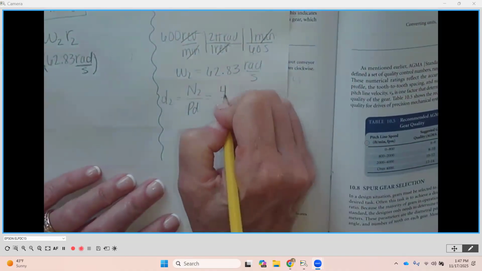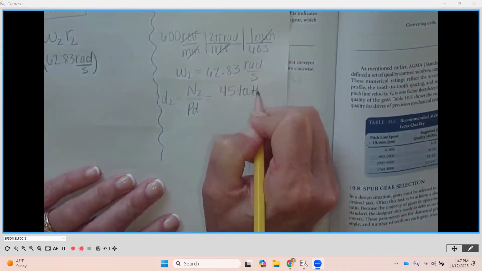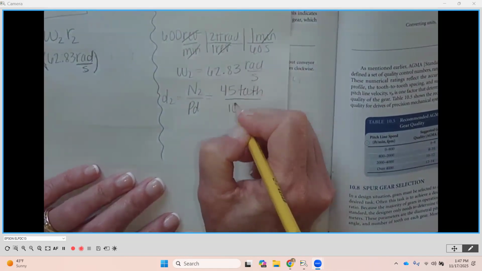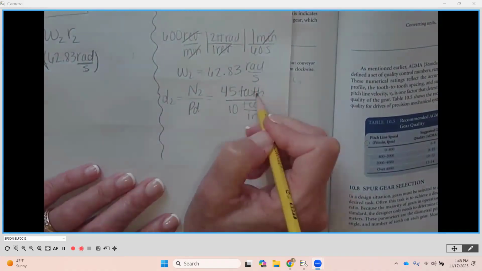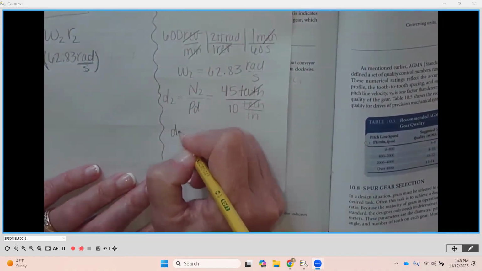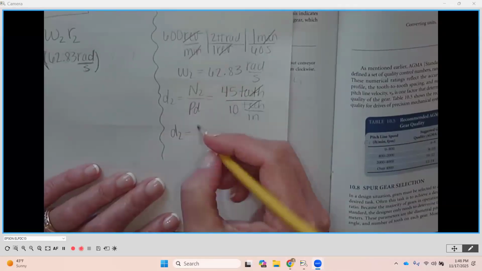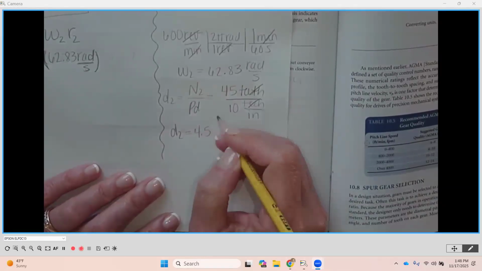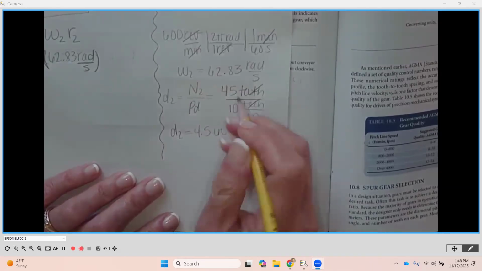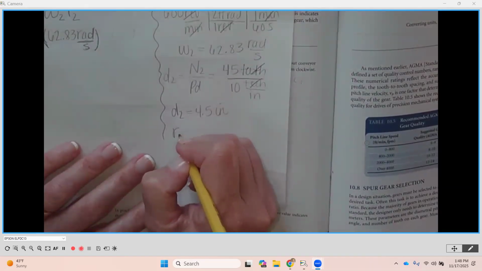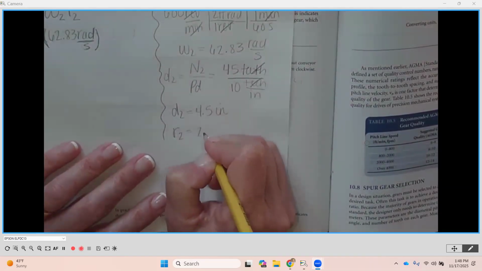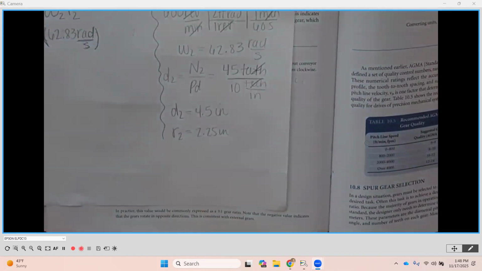Remember, divided by 10 teeth per inch for the diametral pitch. Teeth cancel. And my pitch diameter is going to be 4.5 inches, right? 45 divided by 10. So then my R2 is going to be 2.25 inches, right? Everybody get that same value?